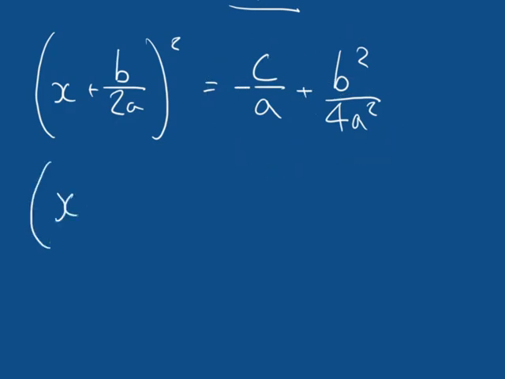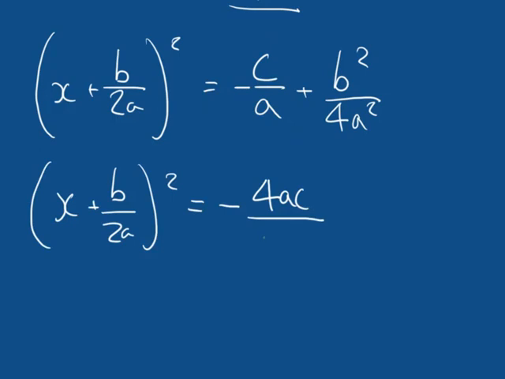So x plus b over 2a all squared is equal to minus 4ac divided by 4a squared. I've multiplied the top and the bottom by 4a, and that is given as now 4a squared on the bottom, because 4a times a is 4a squared, plus b squared over 4a squared.